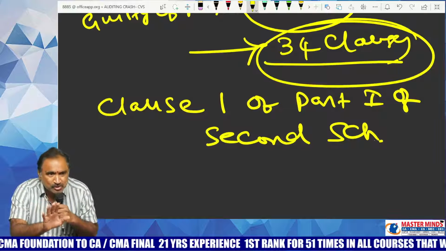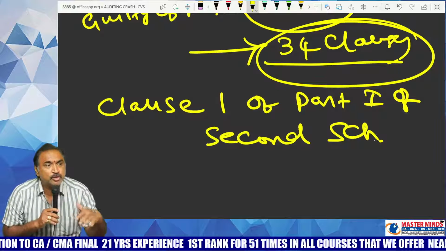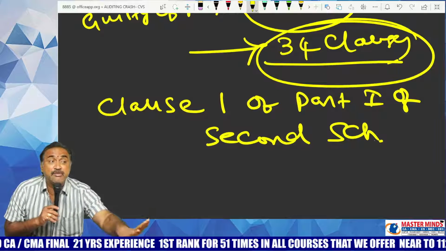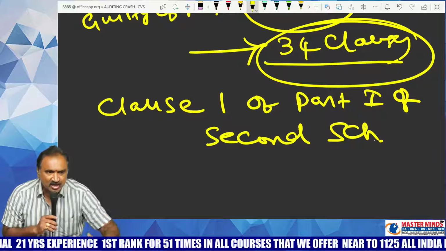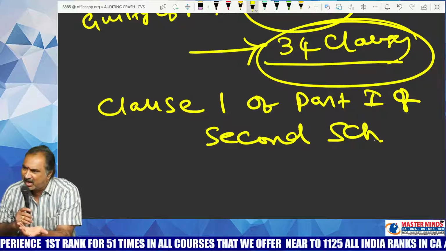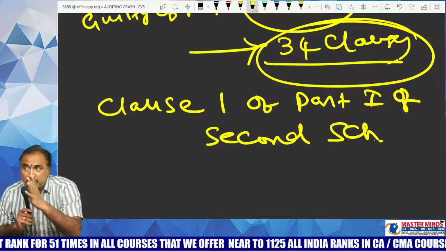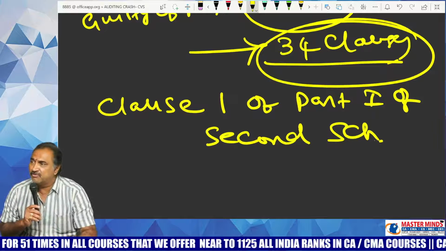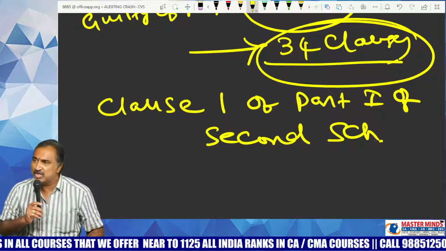You should not disclose or pass on the information to third parties without taking permission from the client. If your client permits you to disclose information, there would not be any problem. By taking written permission from the client, you can disclose information to a third party. Without taking permission from the client, you cannot disclose information to a third party. If you do that, you'll be deemed to be guilty of professional misconduct.